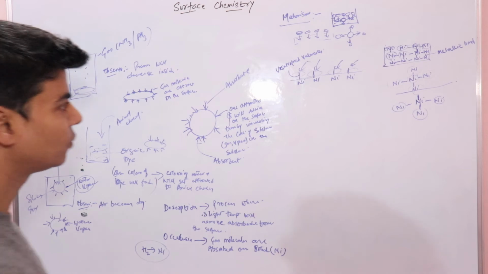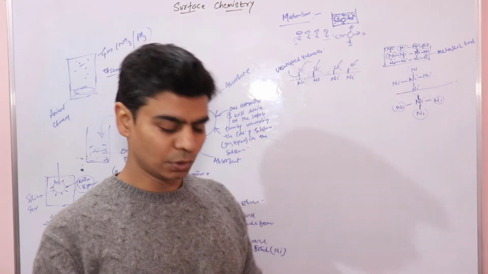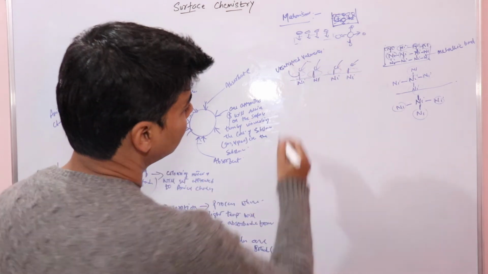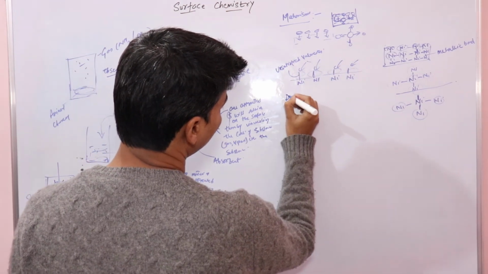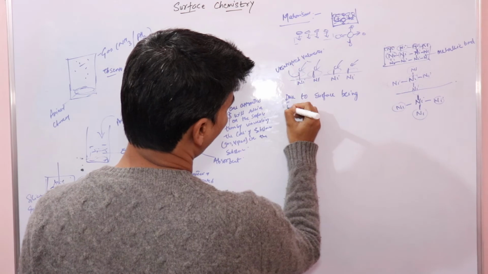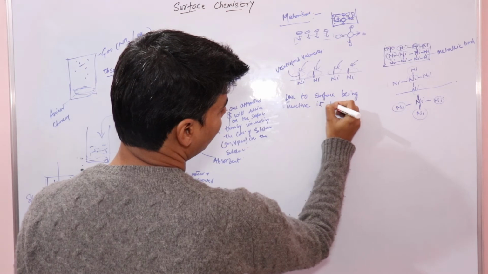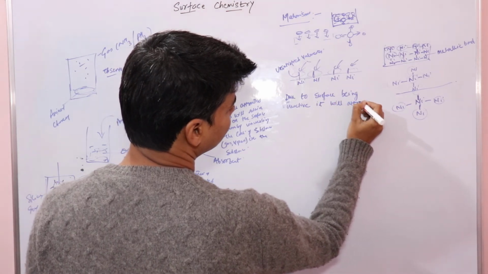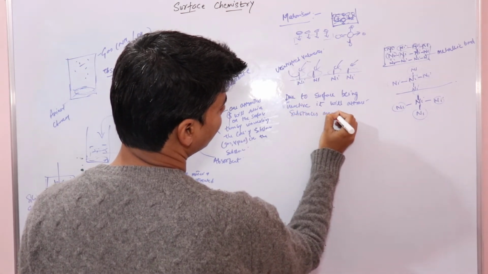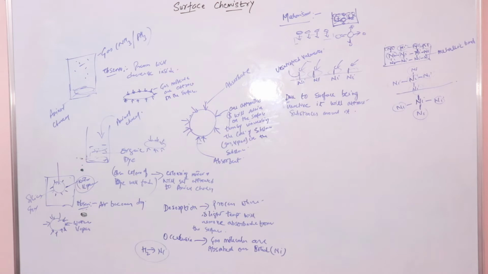So this is the reason for your adsorption: the metal surface or the solid surface being reactive, it will attract substances around it. So this is the reason for the process of adsorption.